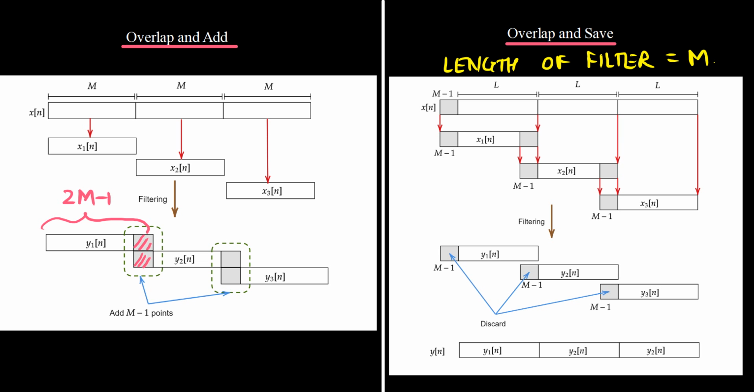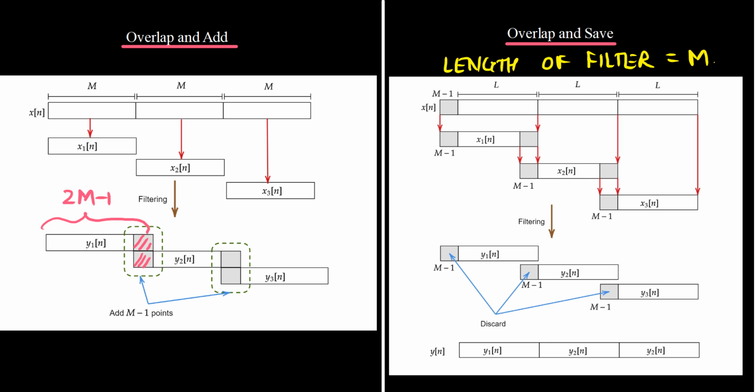For the filter, we just append zeros, but in the case of x of n, we consider the m minus 1 points of the previous block and append them at the beginning of the block we are considering currently.